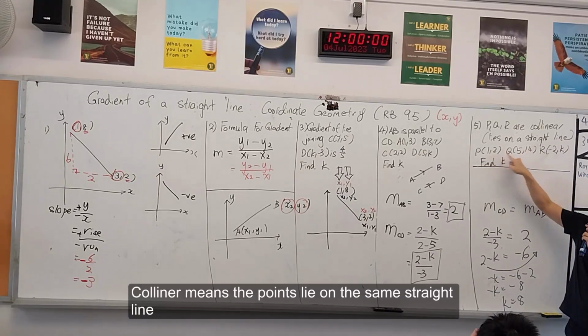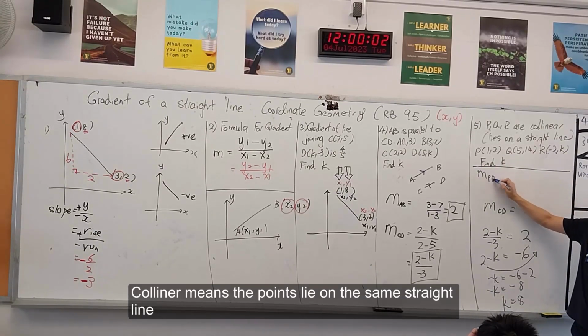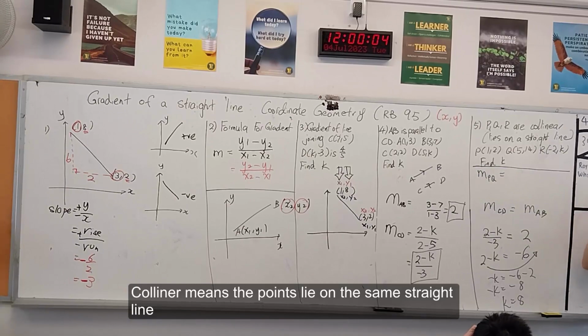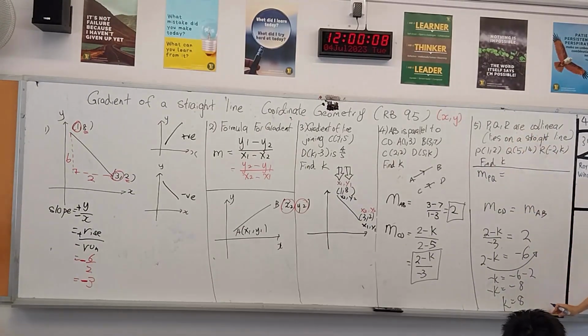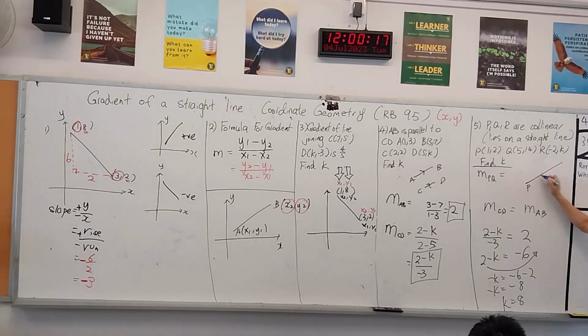Gradient of PQ will be the same as the gradient of, so let's look at the question again. PQR lies on the straight line. Again, doesn't matter whether P is here or here or here. It's just like it lies on the straight line, right?